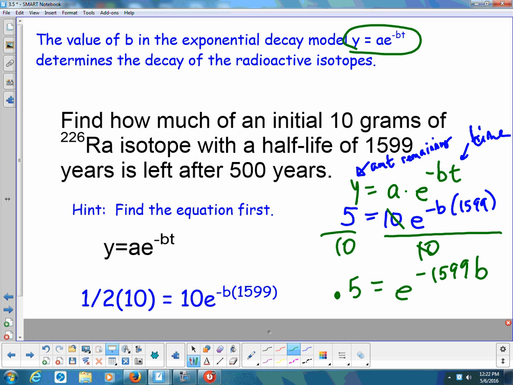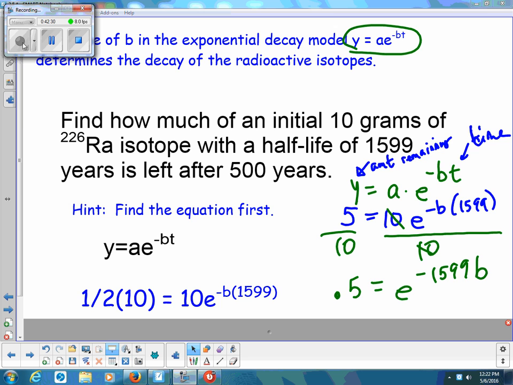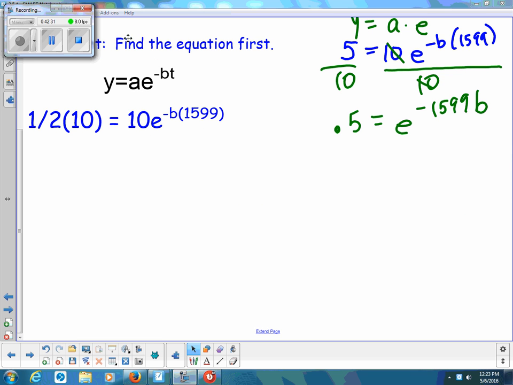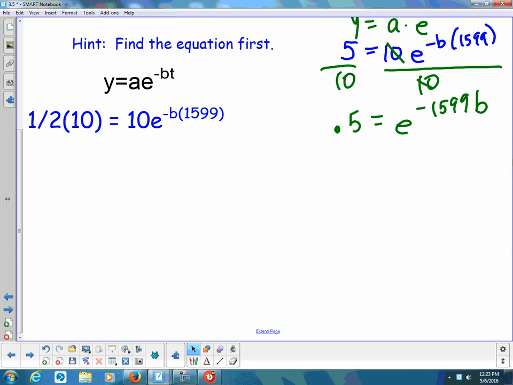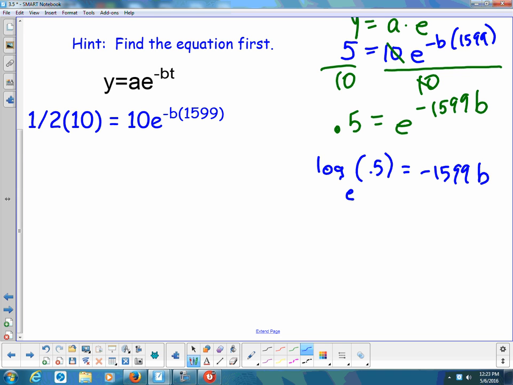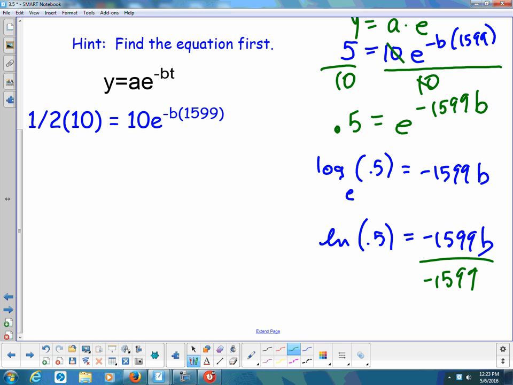Okay, I am going to pause while you solve for that constant b. Did you rewrite this in log form? Yeah. So we get log base e of 0.5 equaling negative 1,599b. Then did you rewrite it as ln? Did you divide both sides by negative 1,599?